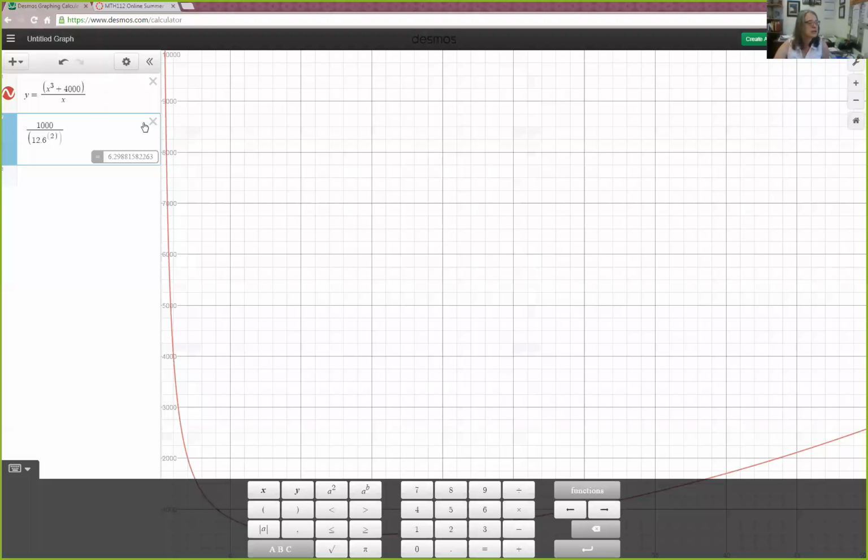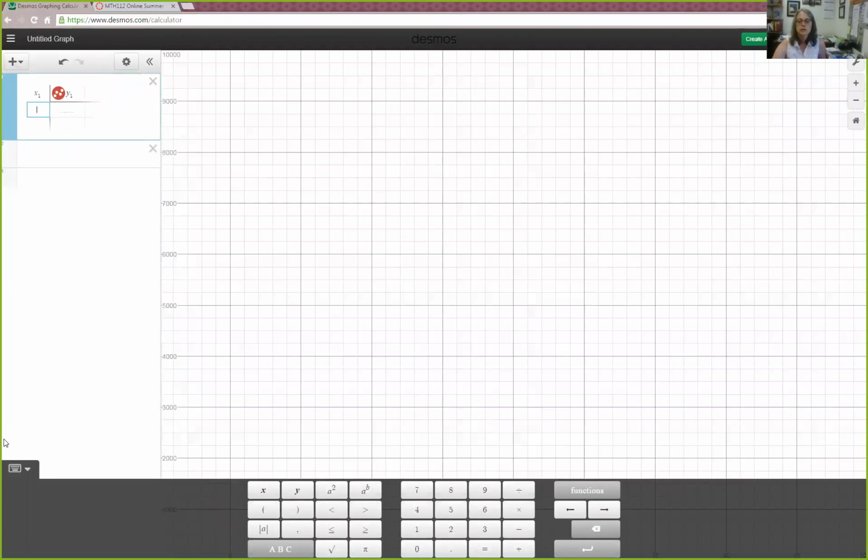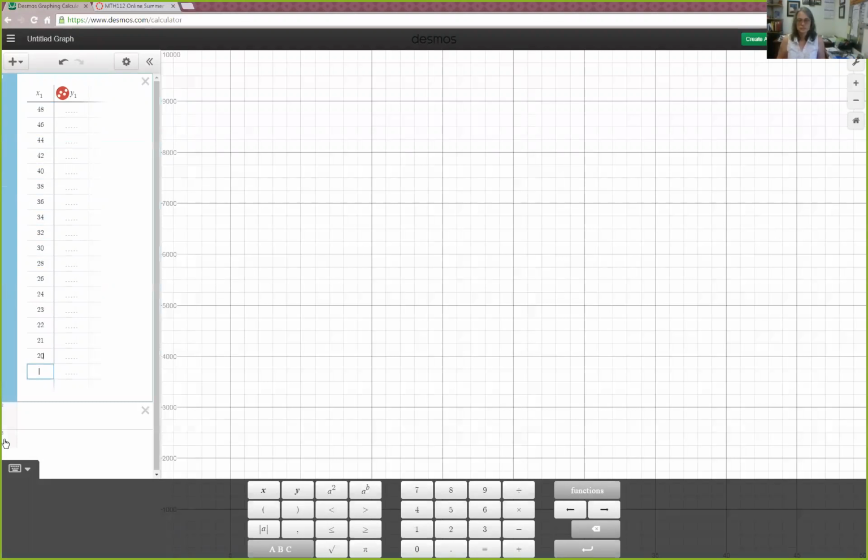Let's go ahead and put the data into Desmos. There's a lot of it, so bear with me. 48, 46, 44, 42, 40, 38. How do I know that my volume should be my x's?